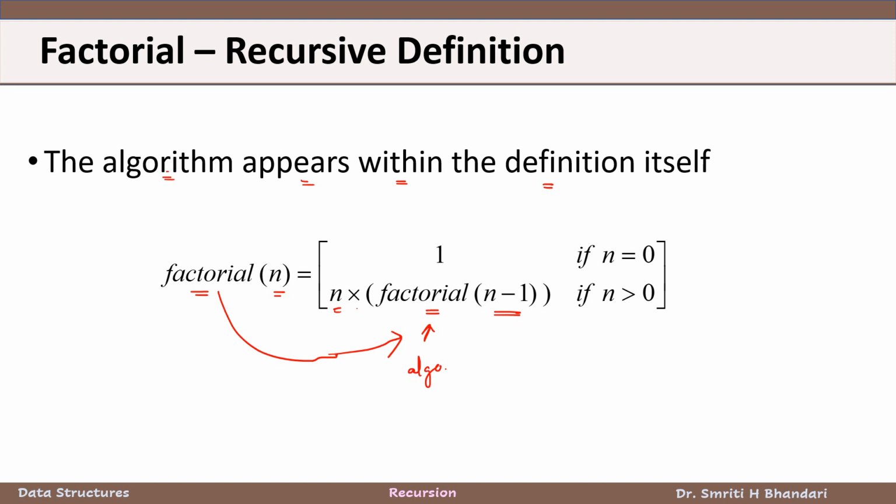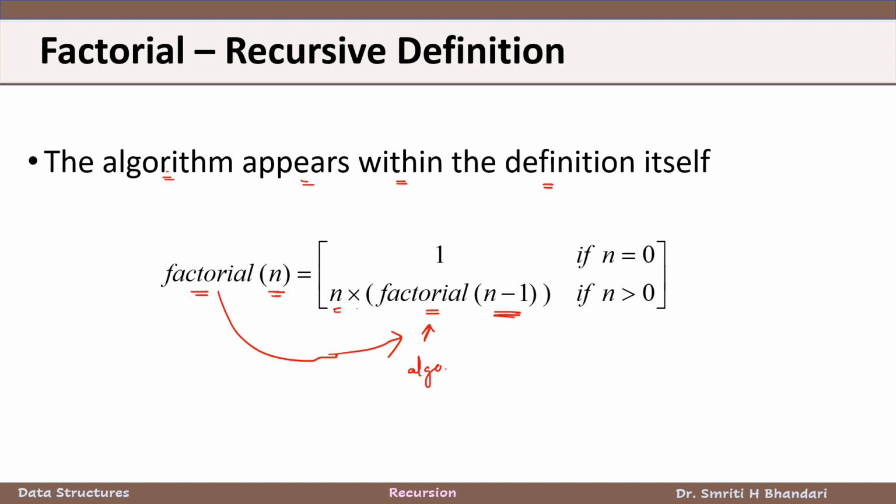If you look at this recursive definition, you can see that in the definition we are reducing the size of the problem. Initially we were computing the factorial of n, and as a part of the definition, now we are computing the factorial of n minus 1, right? And the recursive definition will continue.